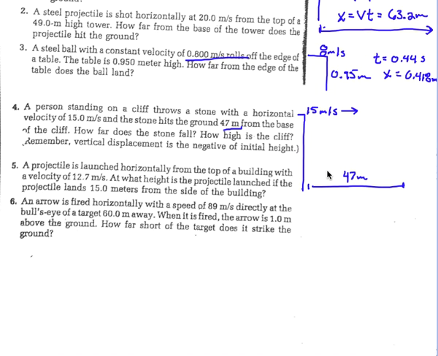So what we can do with this is find time using our horizontal components this time. So we have time equals distance over velocity, 47 divided by 15. So we found time using our horizontal component this time, and then we can find distance y.